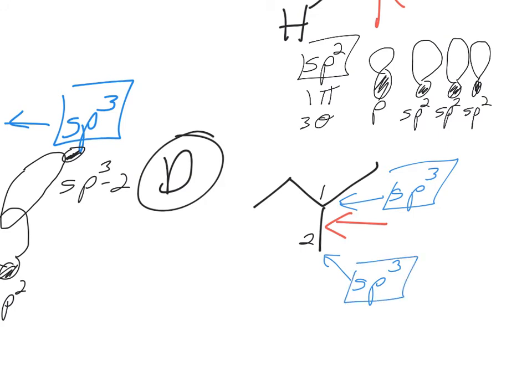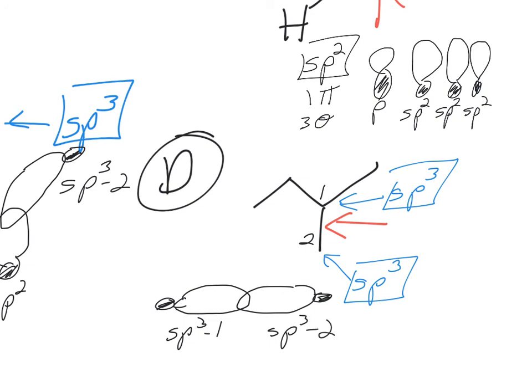So what two hybrid orbitals are forming this sigma bond? An sp3 from 2 and an sp3 from 1. Exactly. So what's it going to look like? Is it going to be a long bond or a short bond? Two sp3s coming together, one from 1 and one from 2.